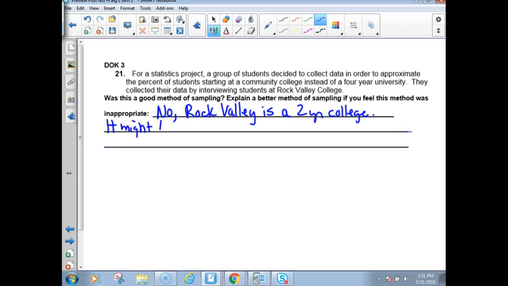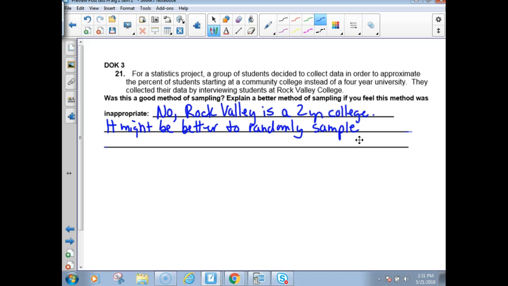It might be better to randomly sample, and this didn't say where the students were starting at a community college from. Okay, maybe at a high school then.